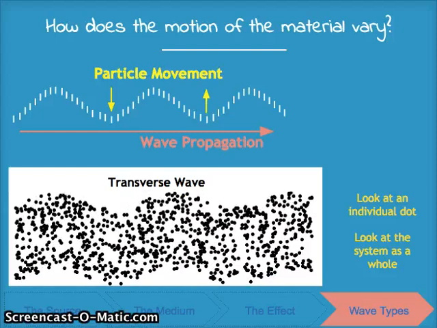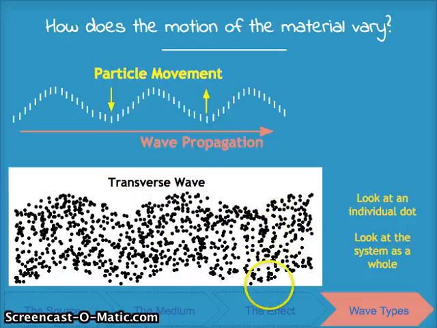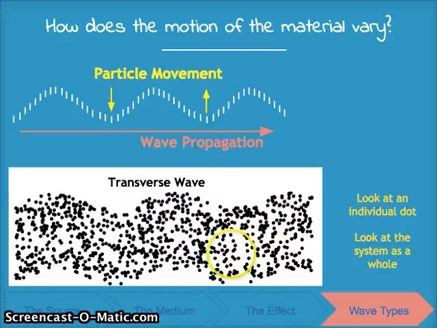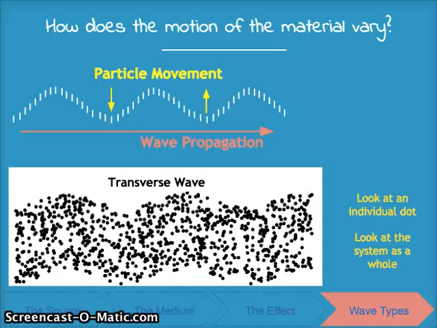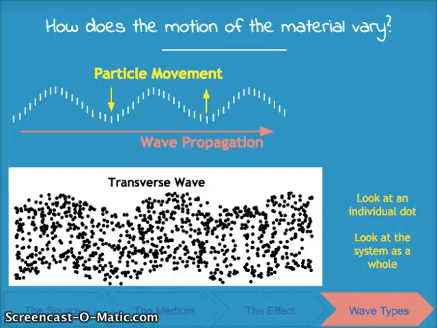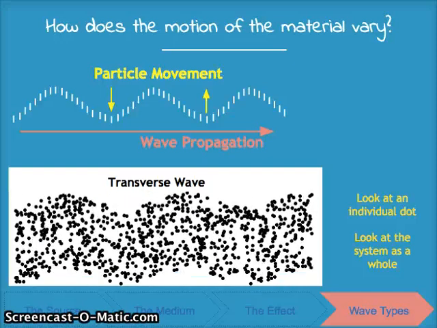But if you look at just an individual dot, it's just moving up and down, perpendicular to that motion. The particles themselves never move with the wave. It is just the energy of the wave that propagates through space.